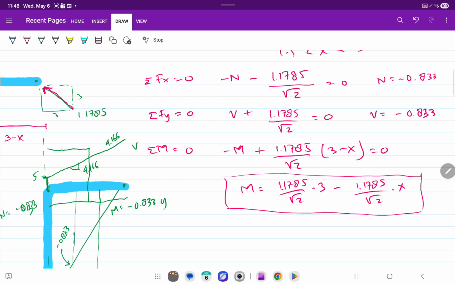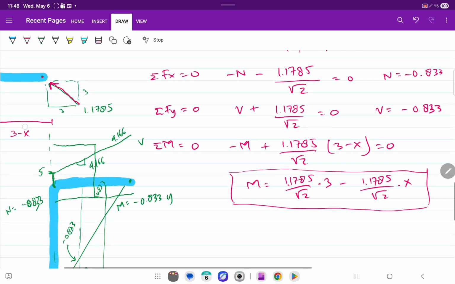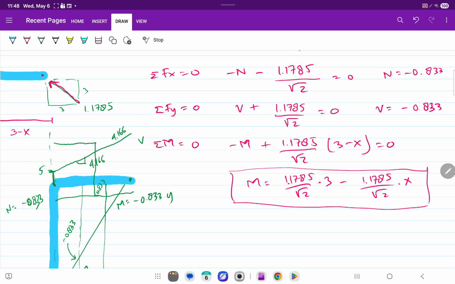Yeah, and then this one will be 0.833, and then your moment will be like this. If x, you can calculate yourself, but I guess this is something like this.